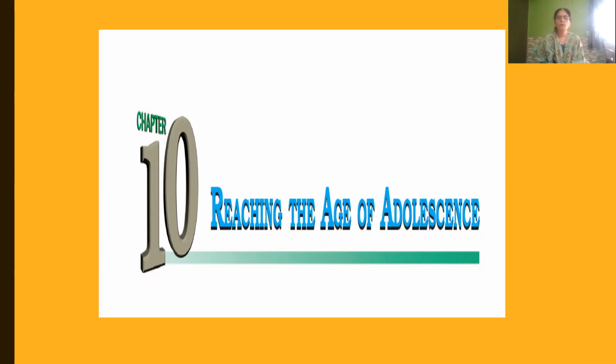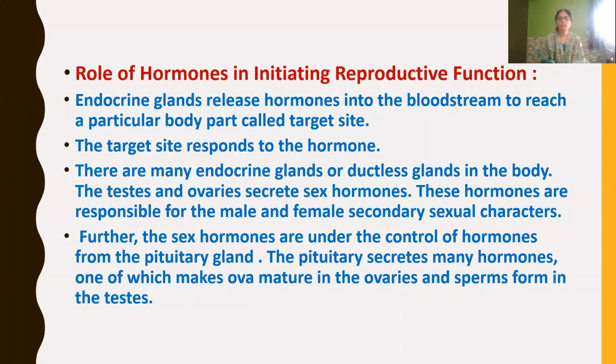Let's continue our chapter 10, Reaching the Age of Adolescence. In the last session, we discussed the role of hormones in initiating reproductive function. That is how hormones initiate the function of reproduction.